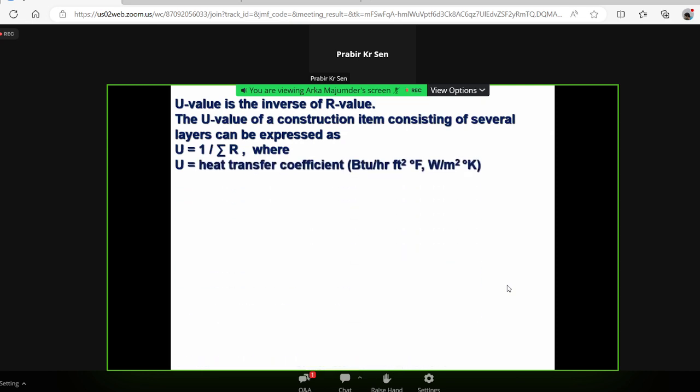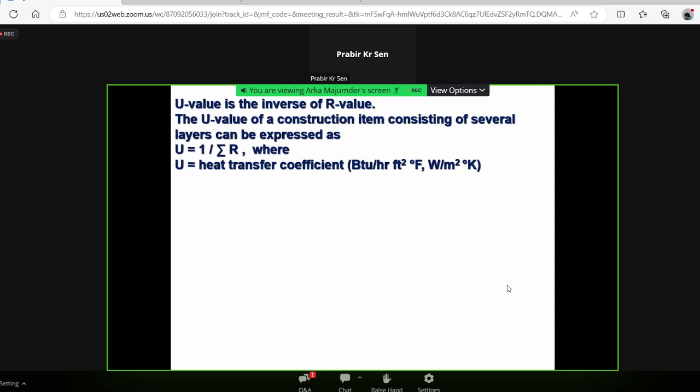We take the resistance value of all the elements of that wall, that is brick, then insulation, we add them together, sigma R, and then take the inverse of it, to get the U value of the insulated wall. We'll do a workout in a subsequent slide. U is the heat transfer coefficient. Okay, next.